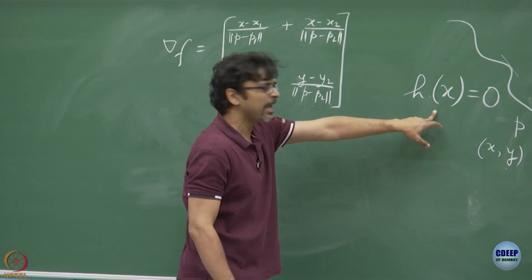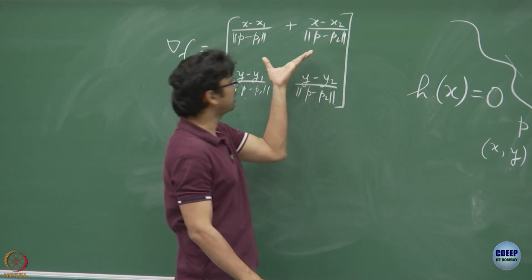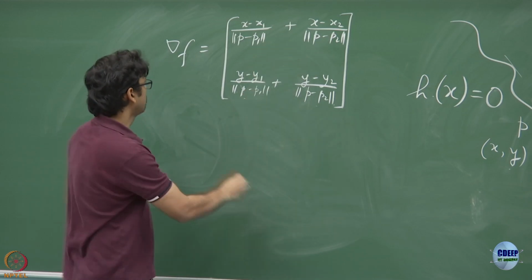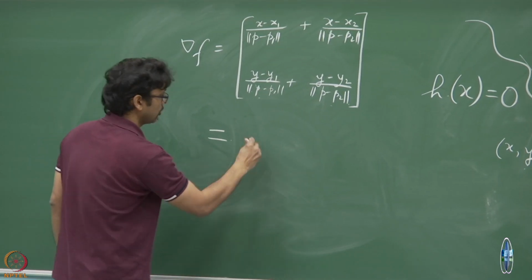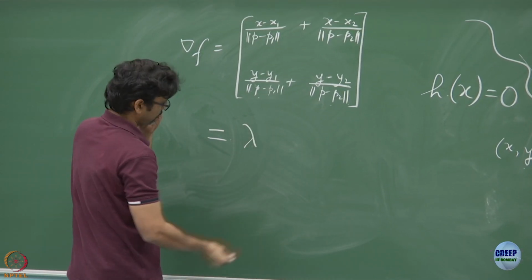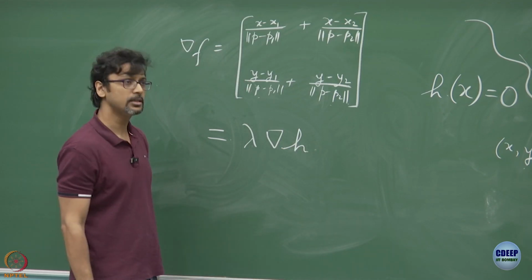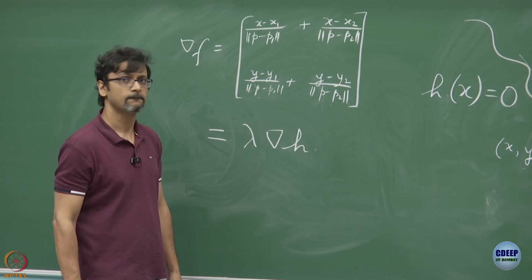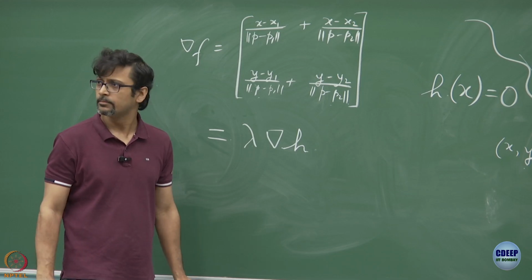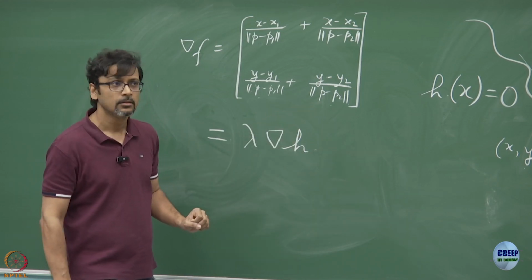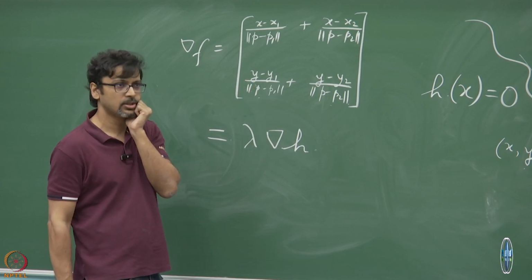The grad of h is the direction along which this must lie. So this must be equal to some lambda times grad of h, isn't it? Agreed? That's what we've just derived. We're just applying that. On the face of it, this doesn't say much.